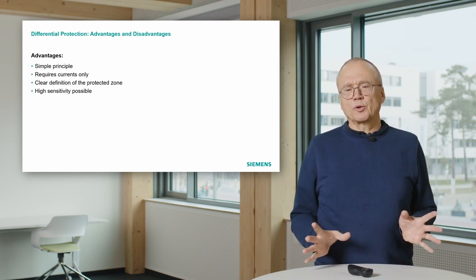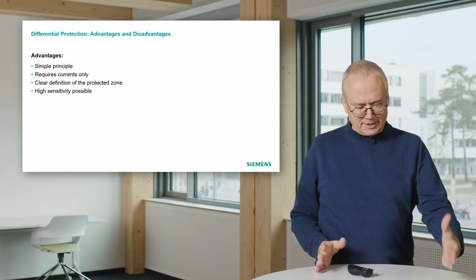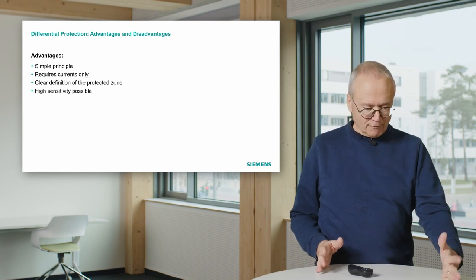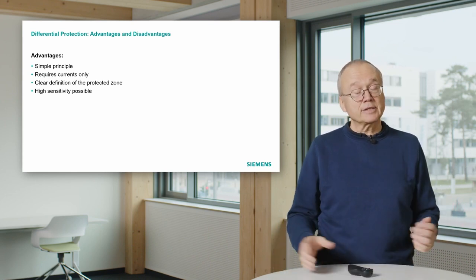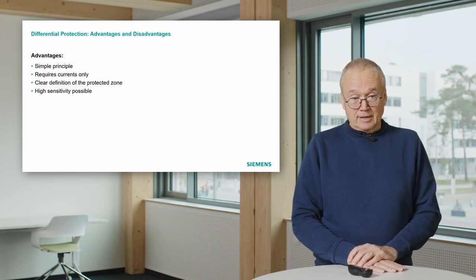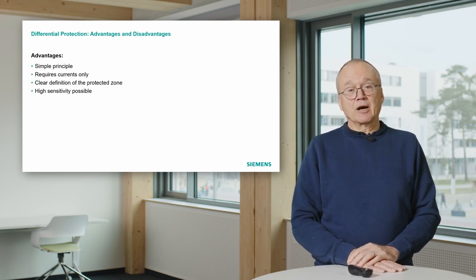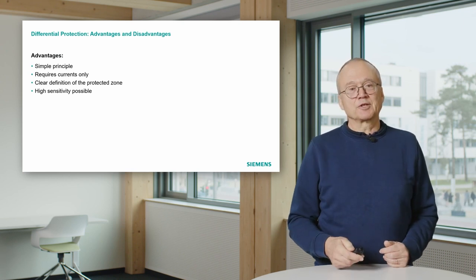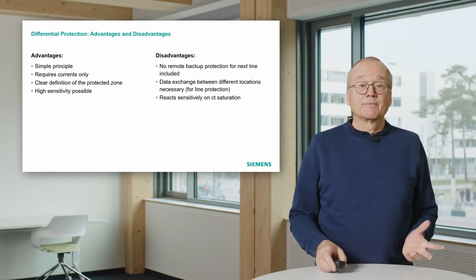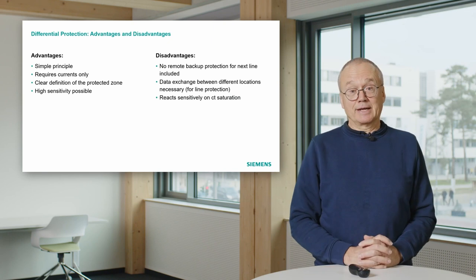You can forget all this for differential protection. It protects the line or the transformer from one current transformer to the other one. And you can also make settings which allow you a very sensitive protection. That means we can catch resistive faults. But it also has some disadvantages.